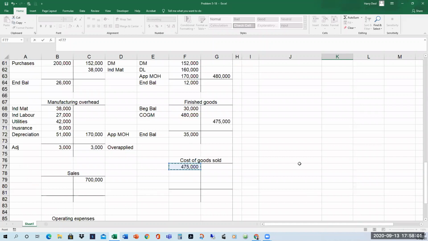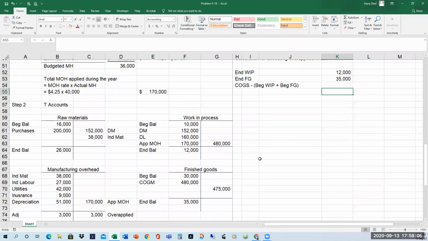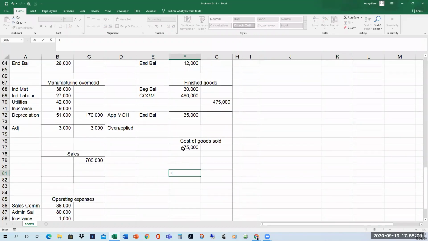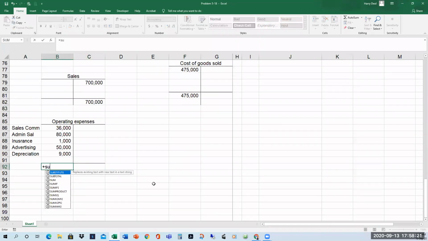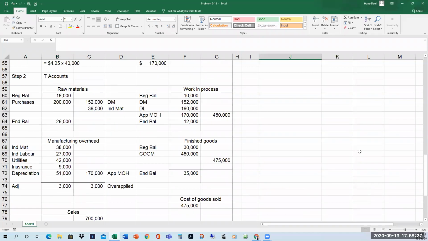Okay, because they asked us to calculate ending balances, let's just do that. So for cost of goods sold, before any kind of adjustment is made, its balance would be $475,000. For sales, $700,000. And for the operating expenses, it's just going to be the total, $176,000.